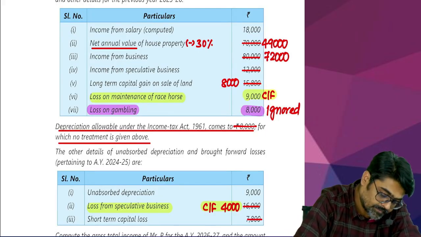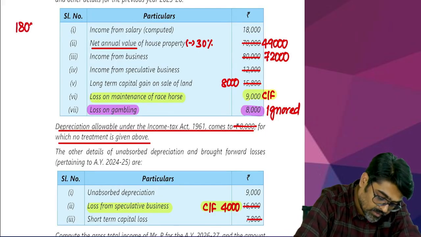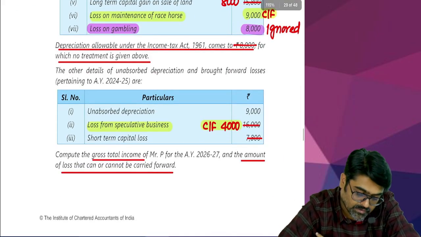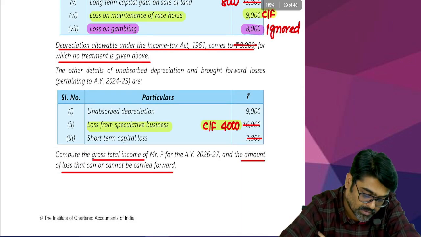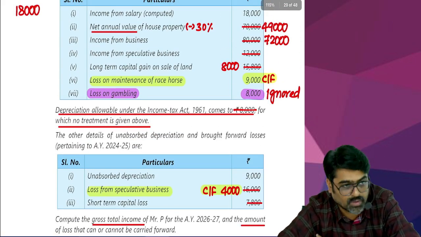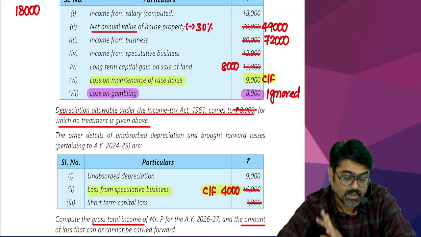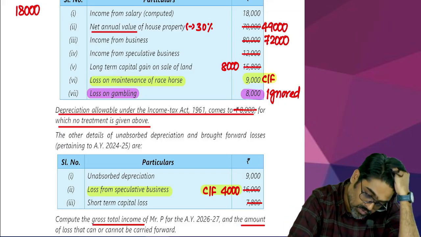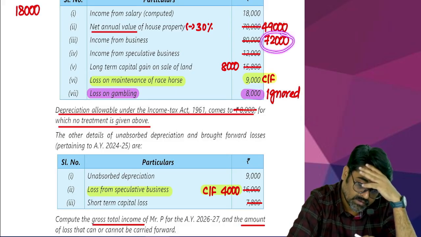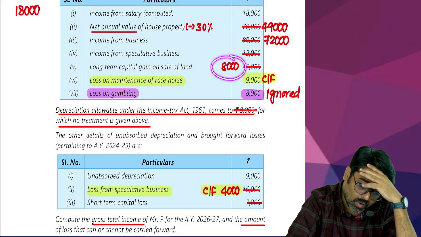Income from salary is 18,000. Unabsorbed depreciation, yes. Unabsorbed depreciation is also there, 9,000, no? So 9,000 you are going to adjust against salary? No. So salary will remain 18,000. Now see, that unabsorbed depreciation you can set off against house property income also, business income also, and long-term gain also.